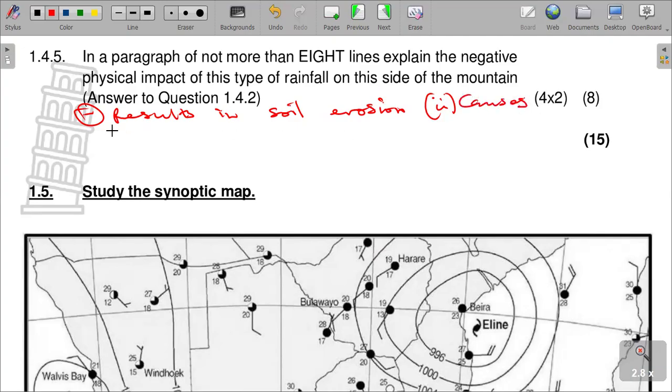It causes landslides, destroying animals and vegetation.